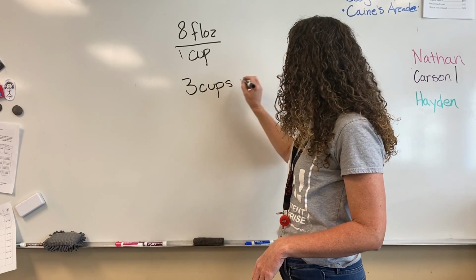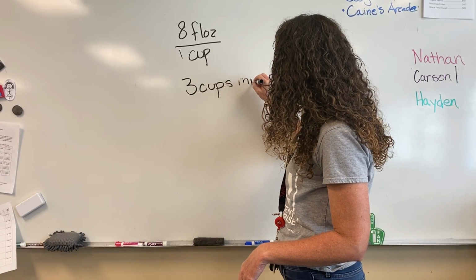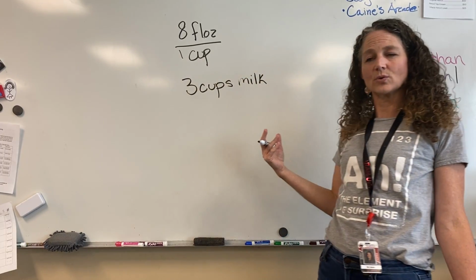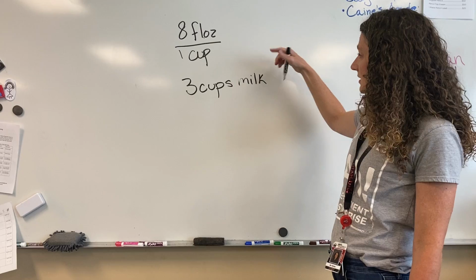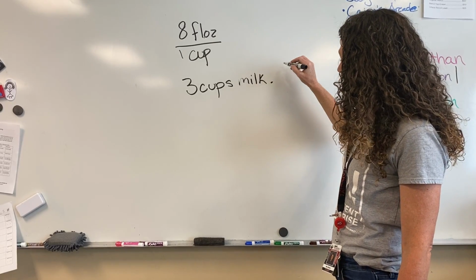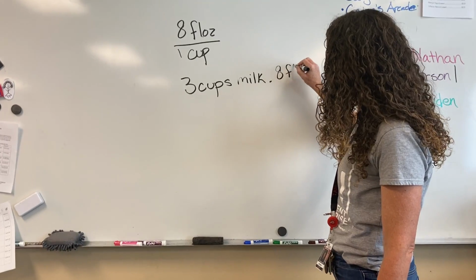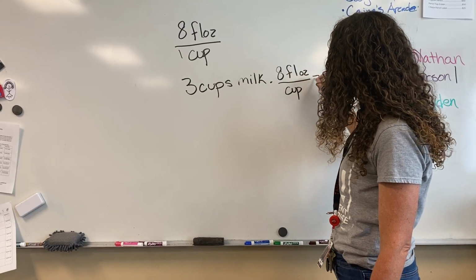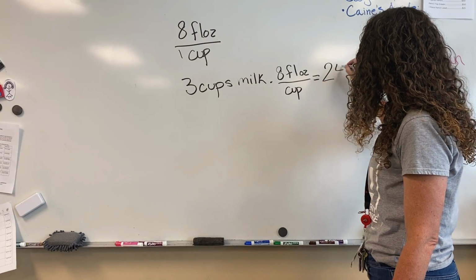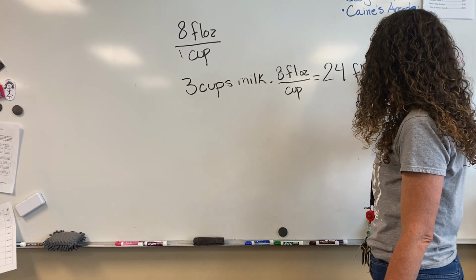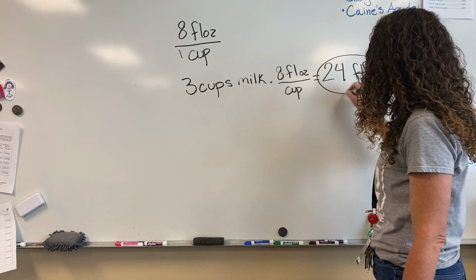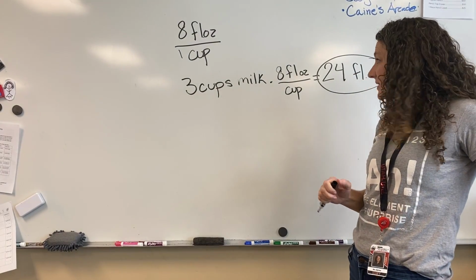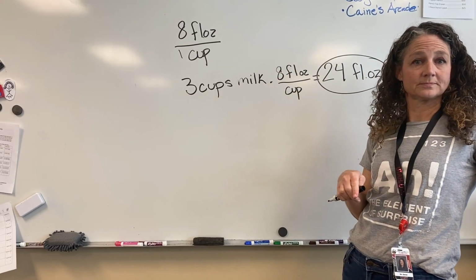If I have 3 cups of milk, and my recipe needs 3 cups of milk, well, how many fluid ounces is that? 24. So you multiplied by 8 fluid ounces per cup, and you got what, Gideon? 24 fluid ounces. 8 times 3 is 24.